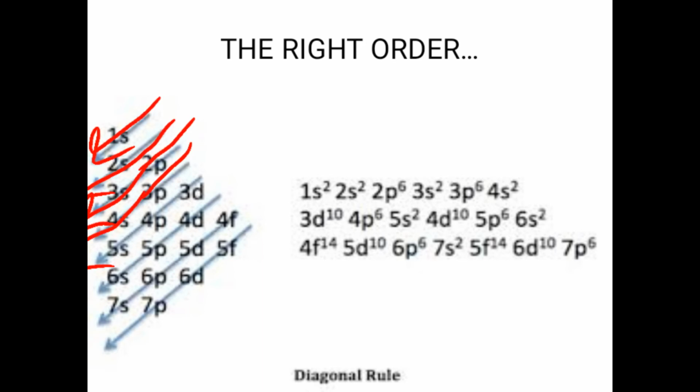In this case, you can notice that your order is going diagonally. In fact, practically we don't know why the number of subshells is changing, but this diagonal relationship is written on the basis of increasing energy level.